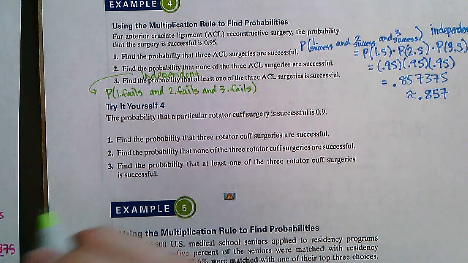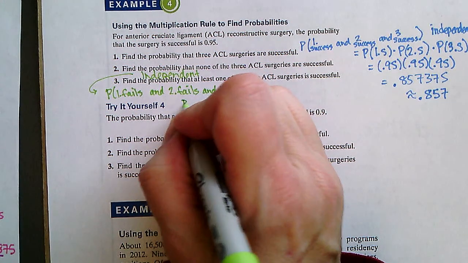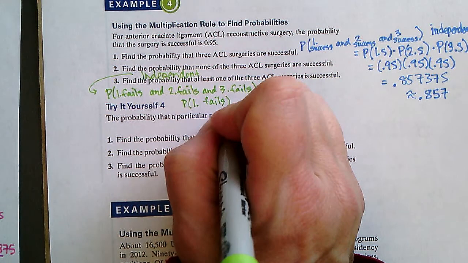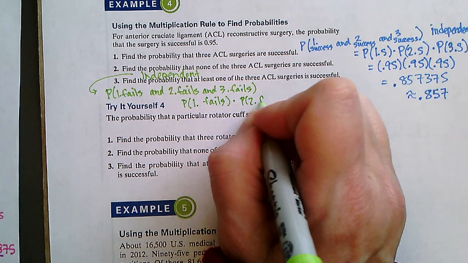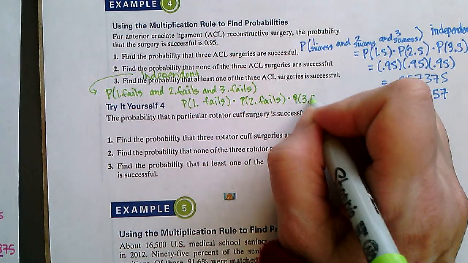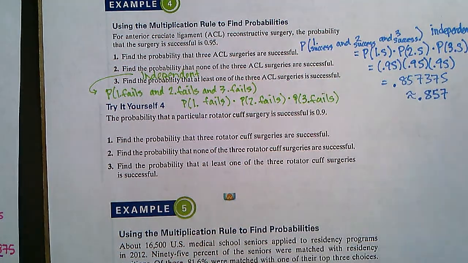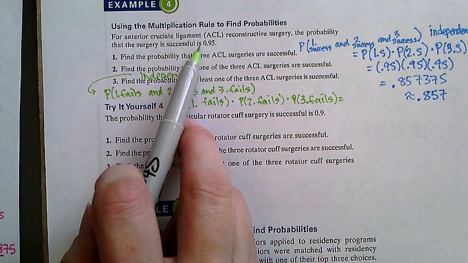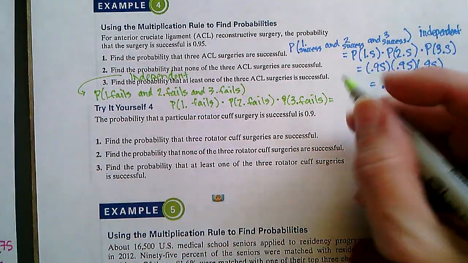Since those are independent, that will be the probability that 1 fails times the probability that 2 fails times the probability that 3 fails, which, since the probability of success is 0.95, the probability of failure is 0.05.